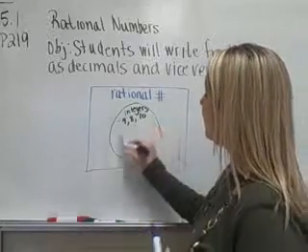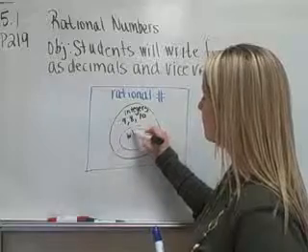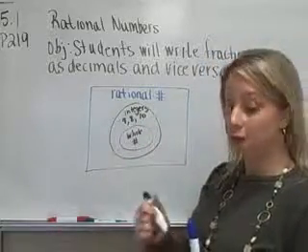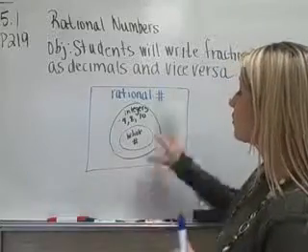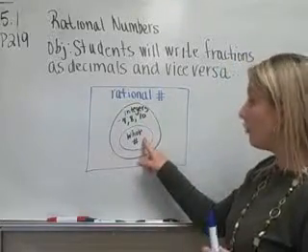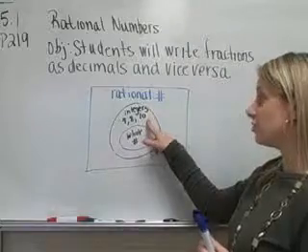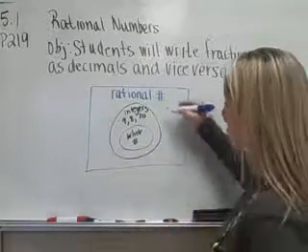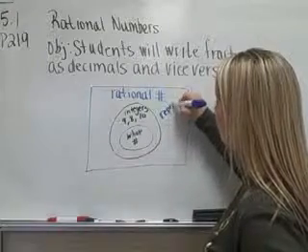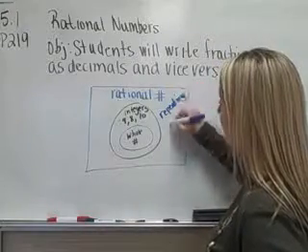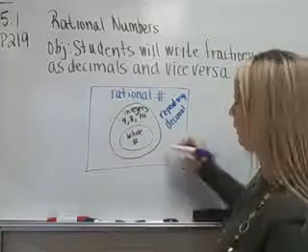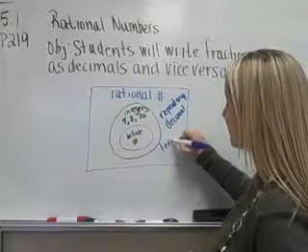The other thing is that all whole numbers will also be rational, okay? So just so you can kind of see a picture of it, all the whole numbers will be rational, all integers will be rational, and we also have other things that are rational as well. I told you that repeating decimals are rational, and also terminating decimals.